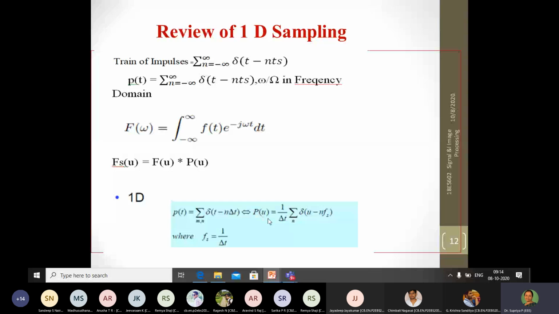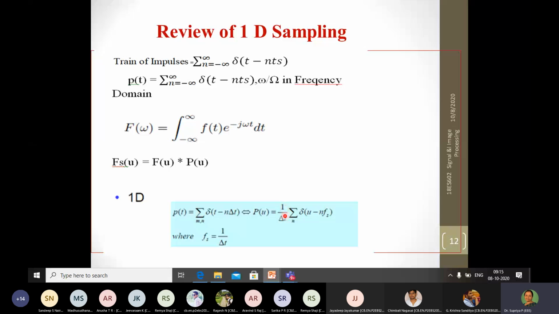Please recall that the general representation in the frequency domain would be expected as p of omega. P of u has been used because in the 2D domain, for image processing, just like x and y in the spatial domain, the frequency domain is likely to be represented by u and v. These are the two parameters that represent that.